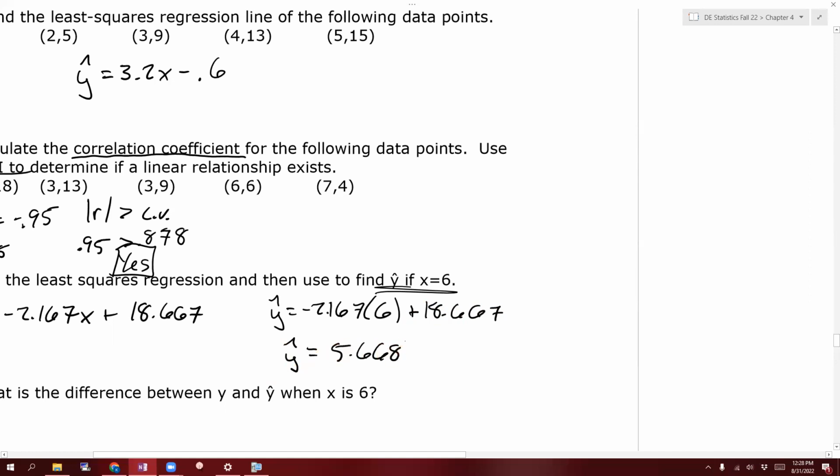And I get a predicted y value of 5.668. So that means if x is equal to 6, I expect y to equal 5.668. It may not equal that in real life, but that would be my estimate. That would be my guess.